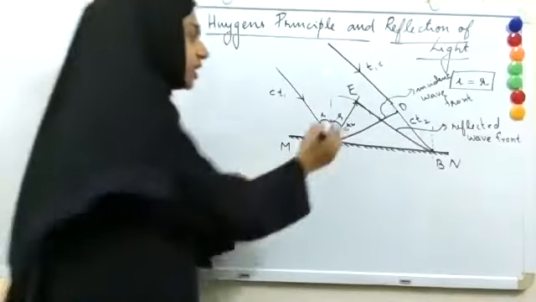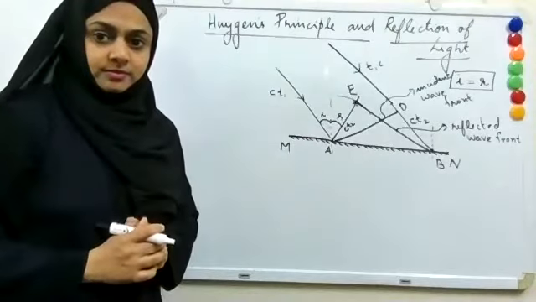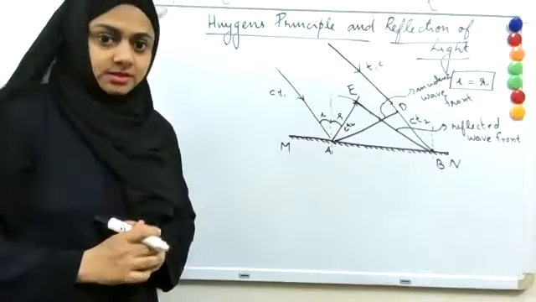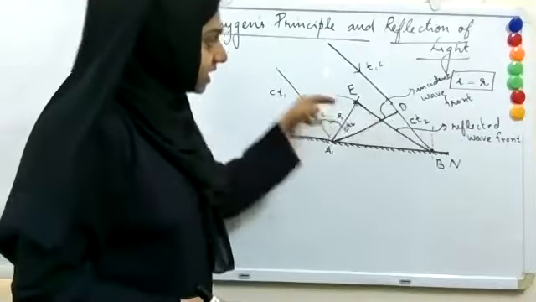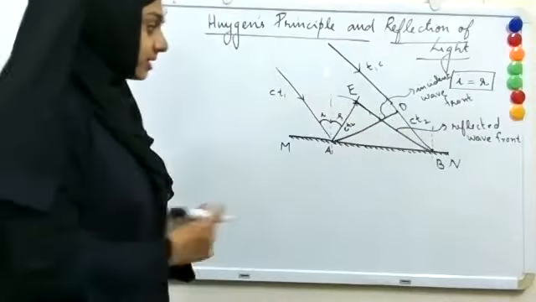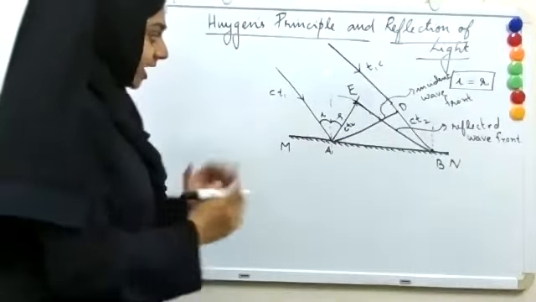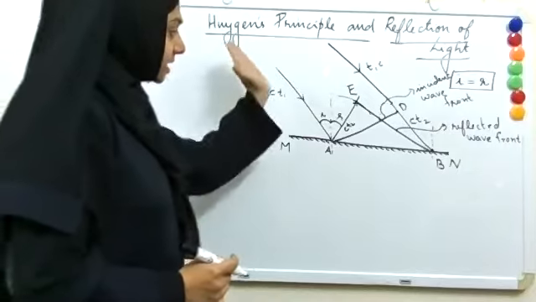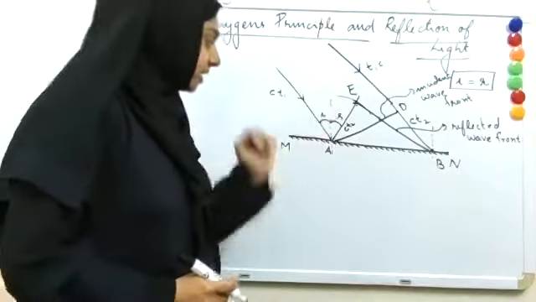Is it clear how I constructed this diagram? Yes, teacher, got it. So this is the incident wavefront and this is the reflected wavefront. Now the angle of incidence is I here. Angle of incidence means the angle between the incident ray and the normal.